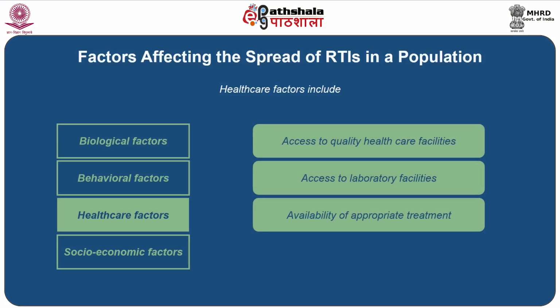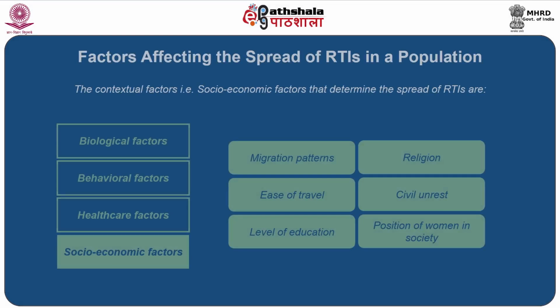Some of the healthcare factors include access to quality healthcare facilities, access to laboratory facilities, and availability of appropriate treatment. There are various contextual factors also, like the socioeconomic factors that determine the spread of RTIs, which include the migration patterns, the ease of travel, level of education, religion, civic unrest, and position of women in the society.